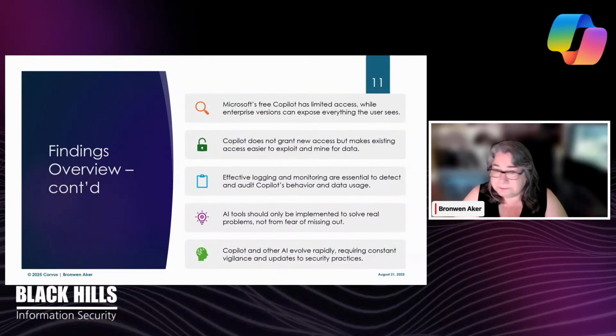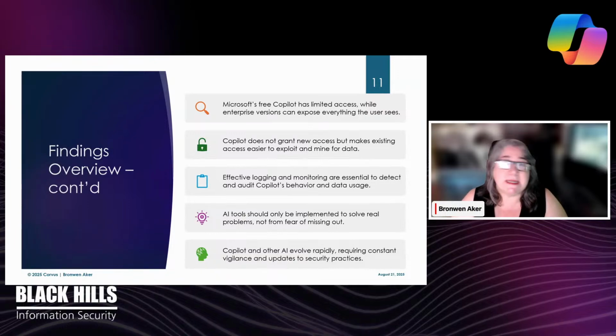Also, log. You need to log, you need to monitor, you need to make sure that you know what Copilot is and isn't doing. And a lot of that has to do with your data loss protection. Bottom line, AI tools should only be implemented to solve real problems.